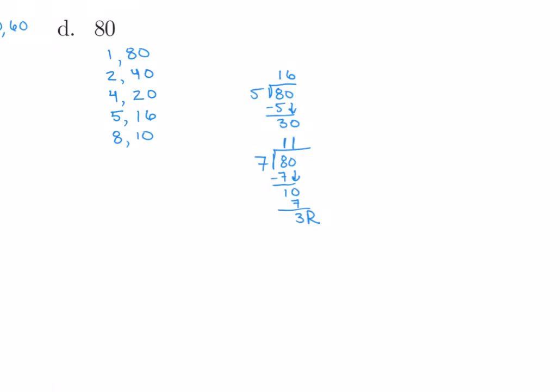The next number on our list would be 10, but 10 is already on my list. So these are all my factors. We have 1, 2, 4, 5, 8, 10, 16, 20, 40, and 80.